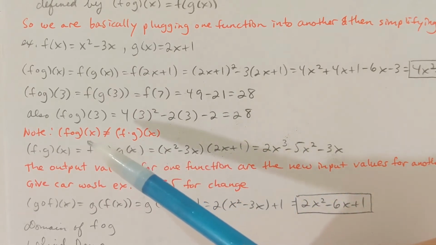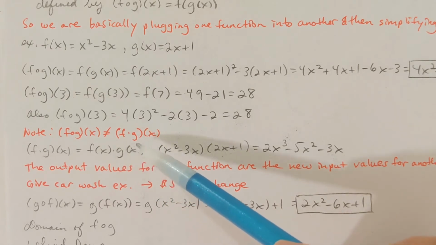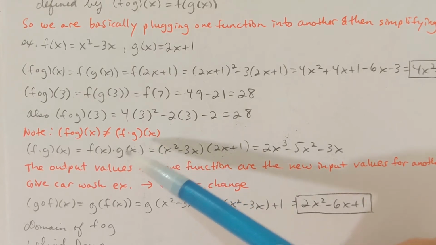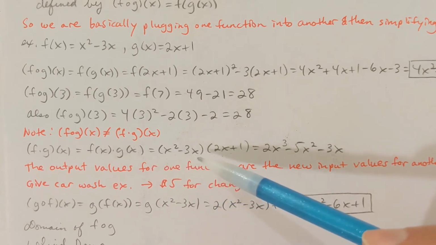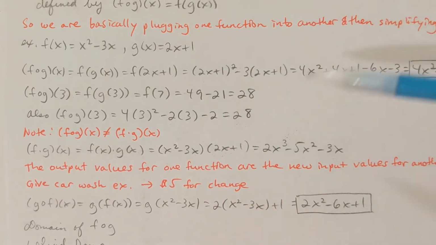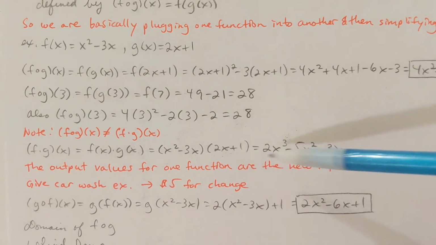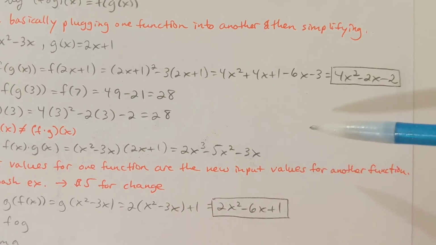As a note, f composed g of x is not the same as f times g of x. F times g of x is totally different. F times g of x means that I've got f of x times g of x. And just to show you that these are two different expressions, f of x is x squared minus 3x, g of x is 2x plus 1, and I get 2x cubed minus 5x squared minus 3x. Not the same as what I've got right here.